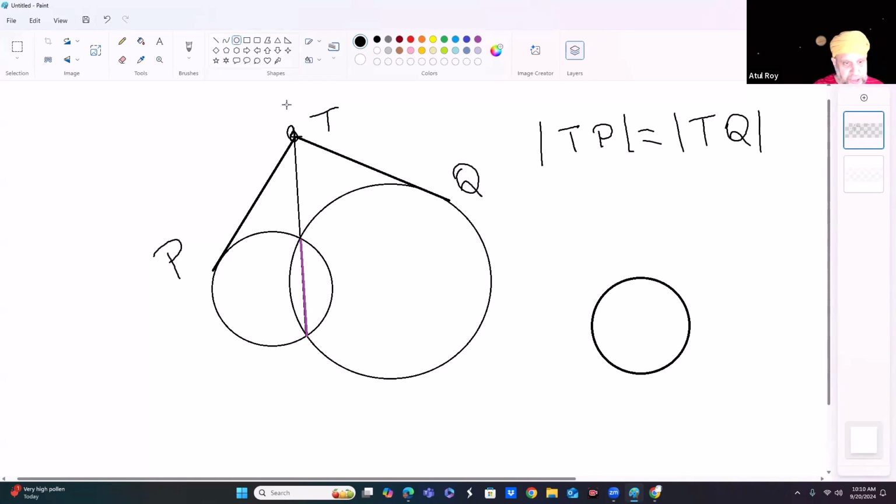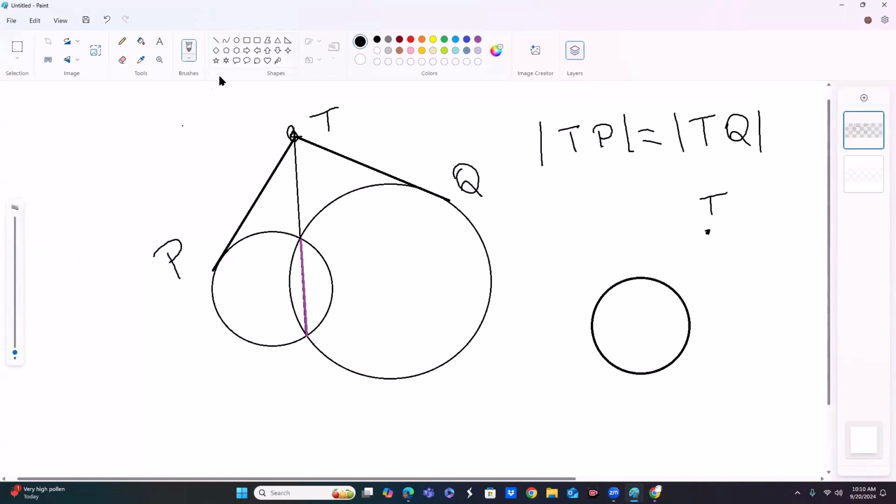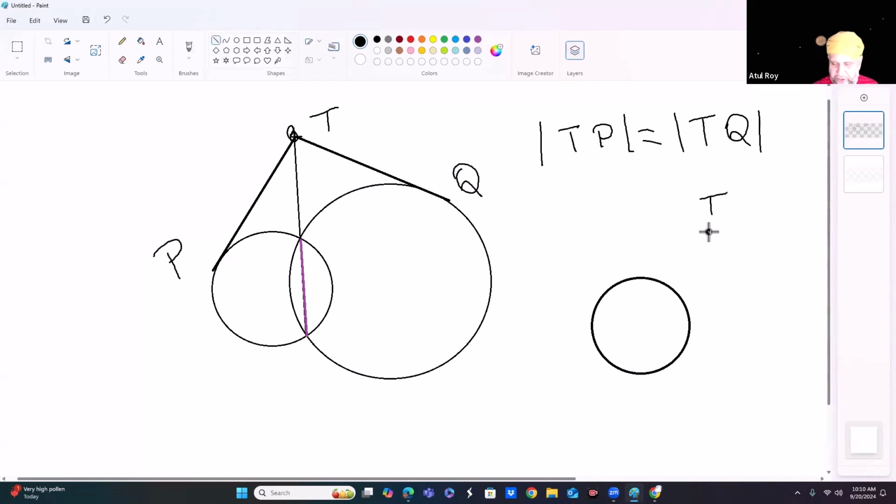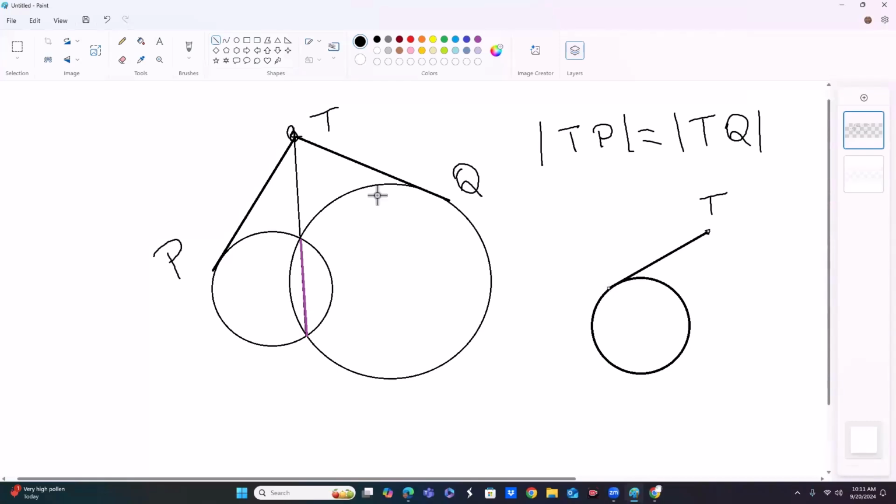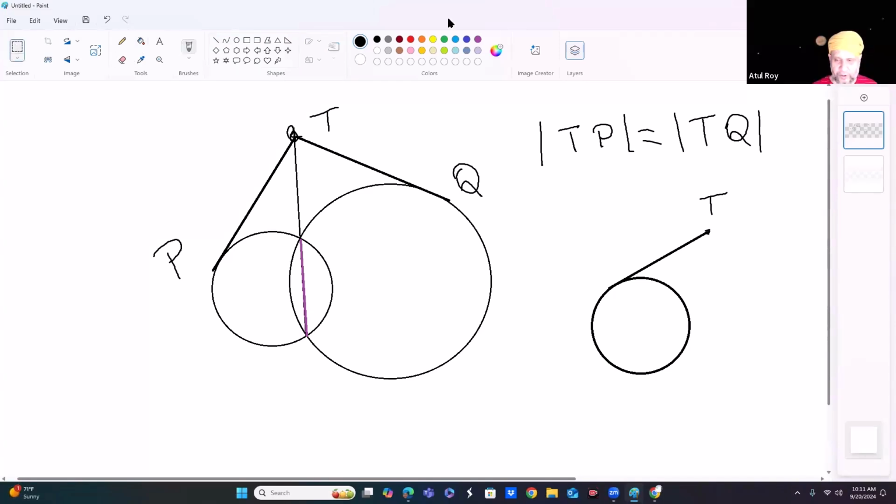So see, the property goes like this. Let's say I have a circle and I have a point T here. If I draw a tangent to this circle from this point, the tangent meets the circle at the point P, all right?